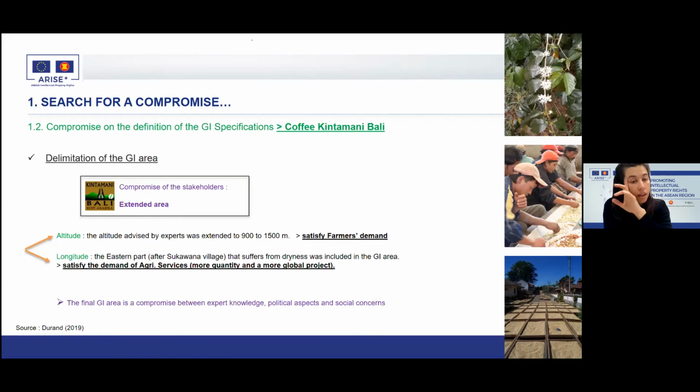And for the longitude, they included the eastern part of the area, which is a part that suffers from dryness, and it was satisfying the demand of agricultural services to make the GI a more global project of coffee development in the area. So we can see that the final area is a compromise between expert knowledge, political aspects, and social concerns.